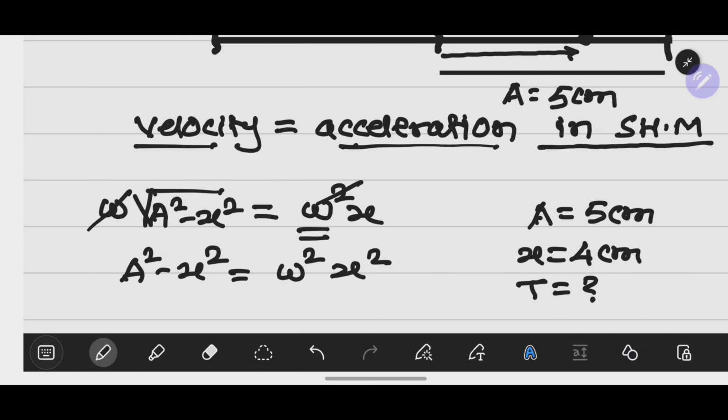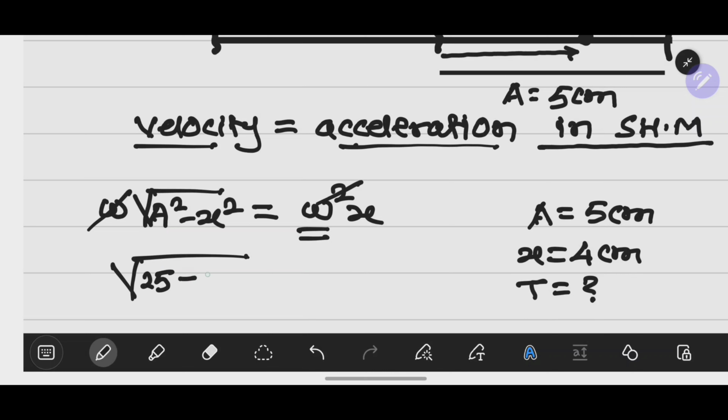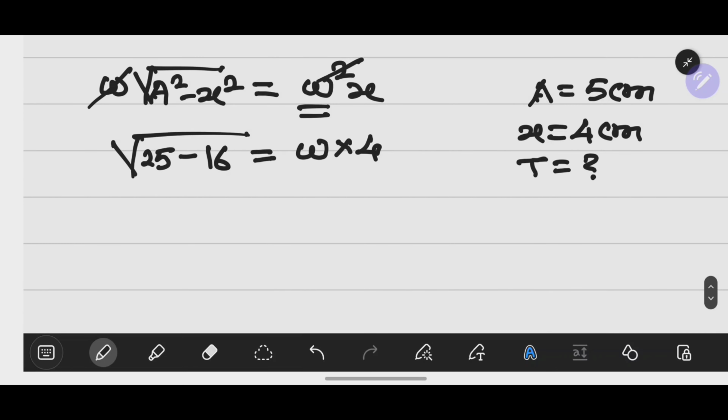If we substitute the value of a square, that is 25, since a is 5 and its square is 25, and 4 square is 16, then under root of 25 minus 16 is under root of 9, which equals omega into 4.